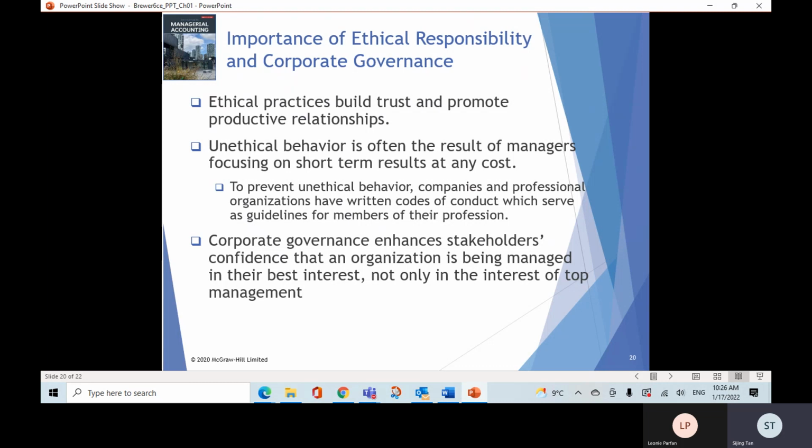So we talk about professional ethics. Various scandals and allegations involving the unethical behavior of managers and top business executives receive considerable attention from the media. And often unethical behavior is motivated by focusing on achieving short-term results at any cost.